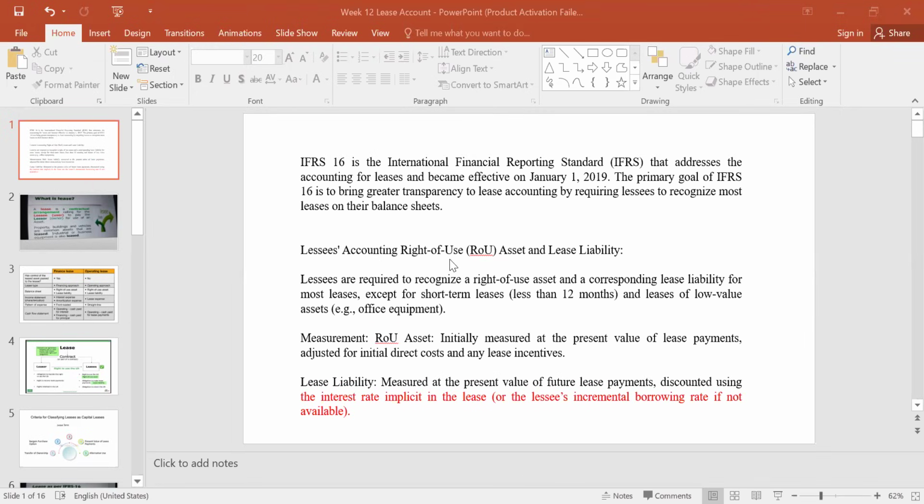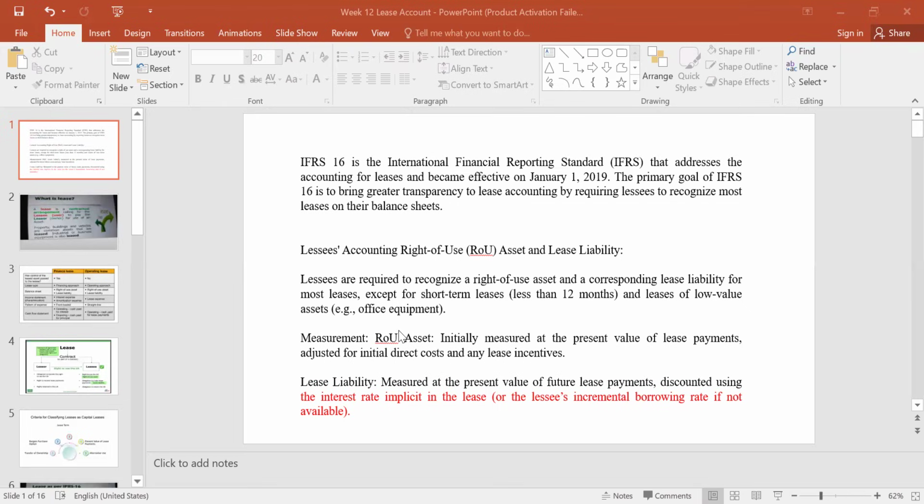Some basic concepts I am going to discuss here: lease accounting, the right of use, that means ROU, asset and lease liability. Lessees are required to recognize the right of use asset and the corresponding lease liability for most leases, except for short-term leases of less than 12 months and leases of low value assets. That is clearly mentioned.